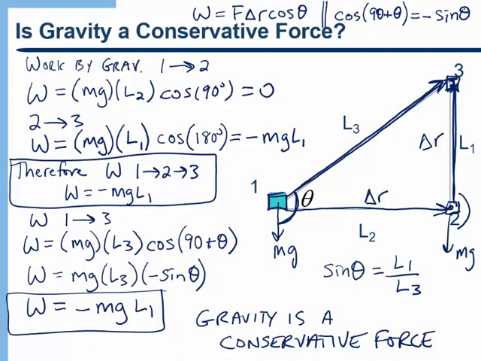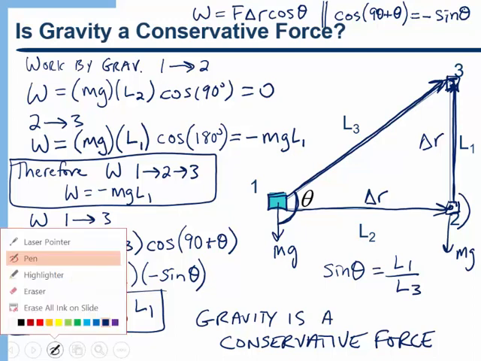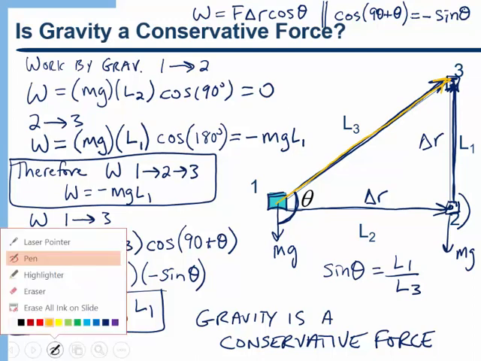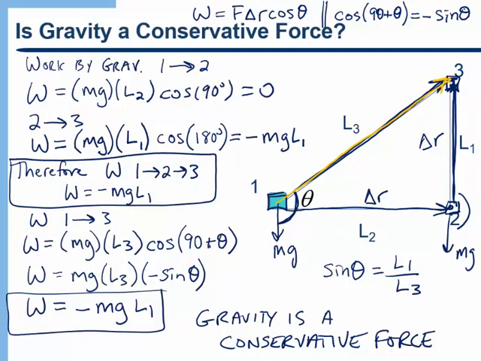So you'll notice even when we calculated how much work was done by gravity as we went directly from position 1 to position 3, what did we end up with for our answer? We found that the work done by gravity only depended on the change in height, L1. So that's really important. Not only does it not depend on the particular path, but it's only changes in height that matter.